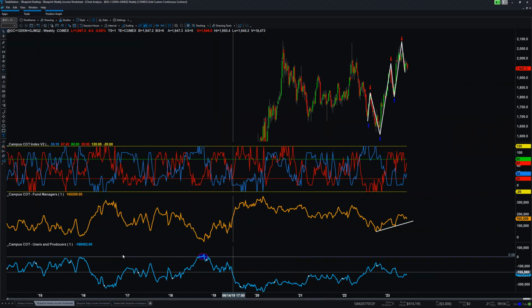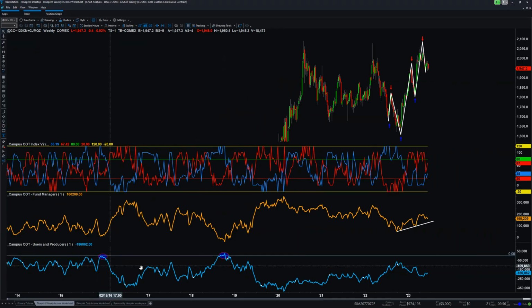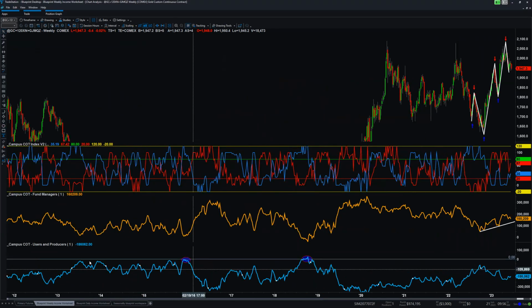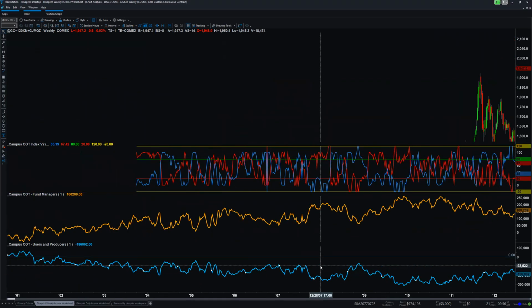Okay, so here we were net long, here we were net long, here we were very close to being net long, but not properly net long. And then here we were net long as well.